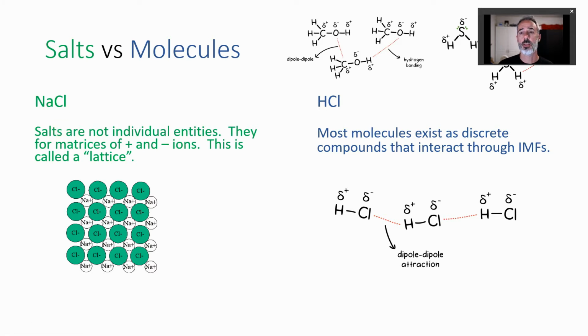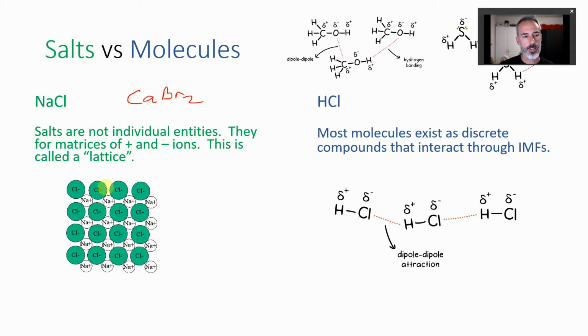Potassium carbonate, cesium bromide, anything that's ionic is going to interact through a series of positive and negative ions that is a lattice. So if I were to say something is calcium bromide, this is not a discrete compound.